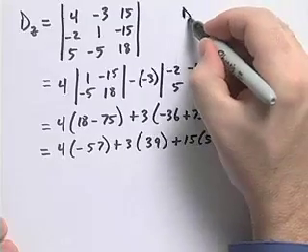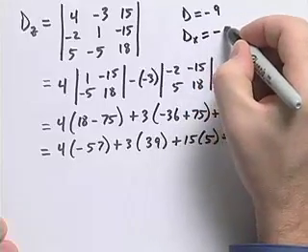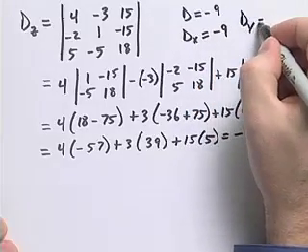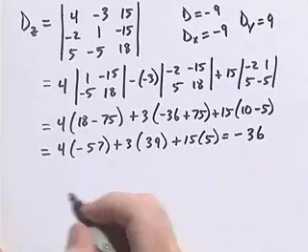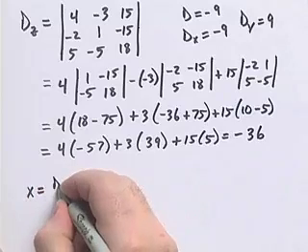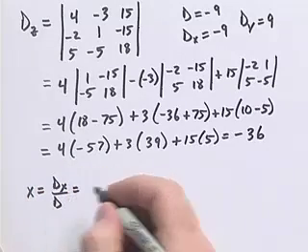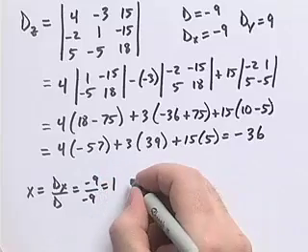And recall that we had that D was equal to negative 9, Dx was equal to negative 9, and Dy was equal to positive 9. Now that we have Dz, we can actually solve our system. X is equal to Dx over D, so we'll get negative 9 divided by negative 9, which is 1.